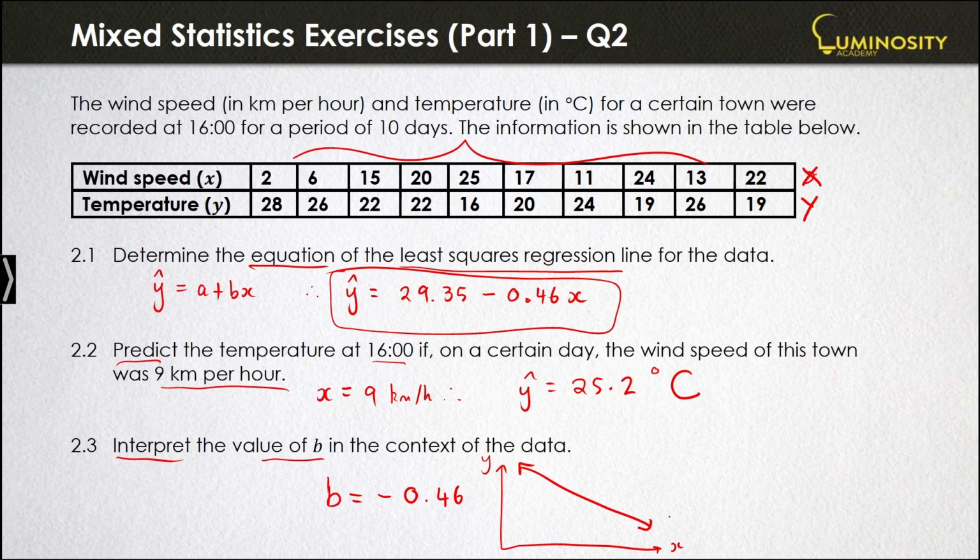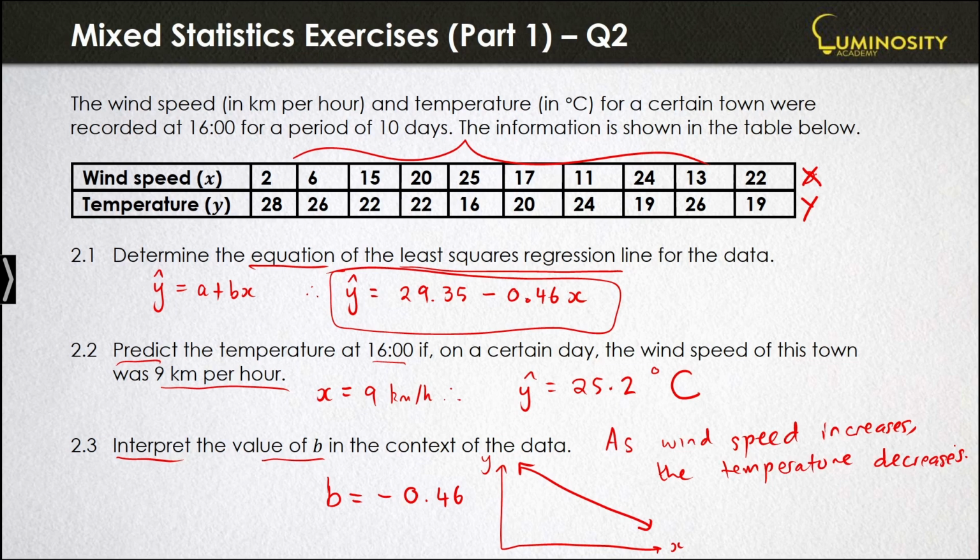It's saying that as x increases, so as the wind speed is increasing, your temperature is decreasing. So as a statement you would say: as wind speed increases, the temperature decreases. And that is the pattern that we observe based off this least squares regression line.